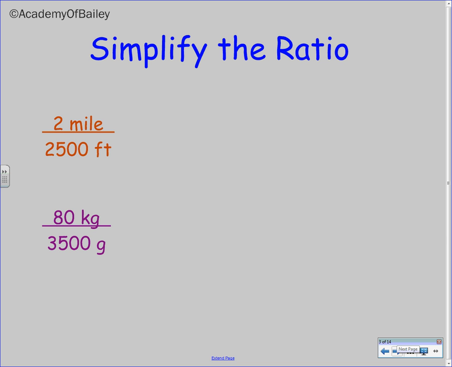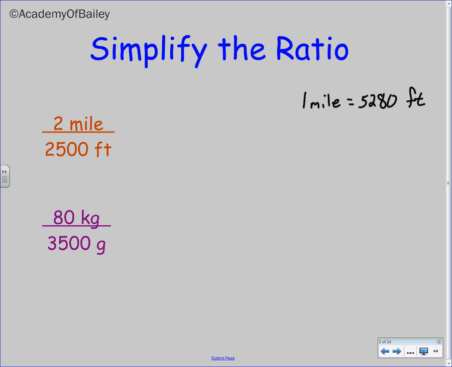Let's look at this next one. Let's see you go ahead and try this on your own. You're going to pause the video, work them out, and then you're going to see if your answers match mine. I will tell you that 1 mile is equal to 5,280 feet.